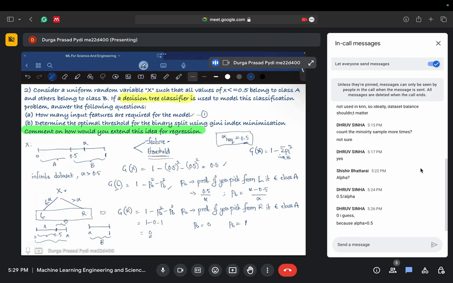So now the question is, how do you extend this idea for regression? If you want to do a regression problem, what is it that will change in this particular template that you have set up here?